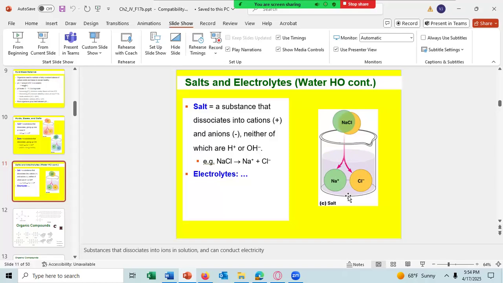That's why when you're swimming in the ocean, if there's a lightning storm, you should get out of the water, because if the lightning were to hit the ocean anywhere near you, the salt water can conduct the electricity and that could be dangerous to you.